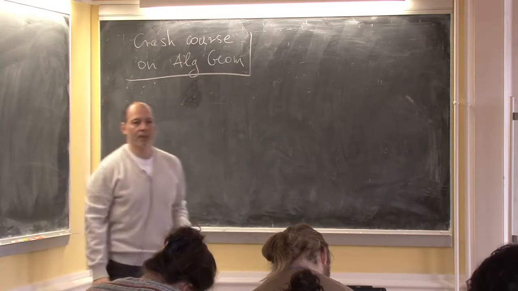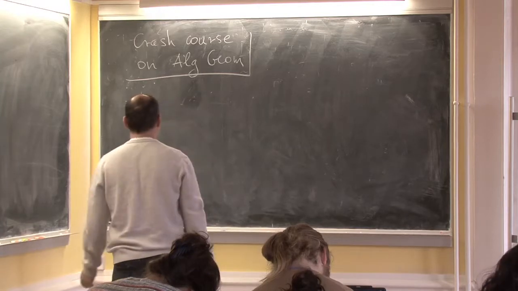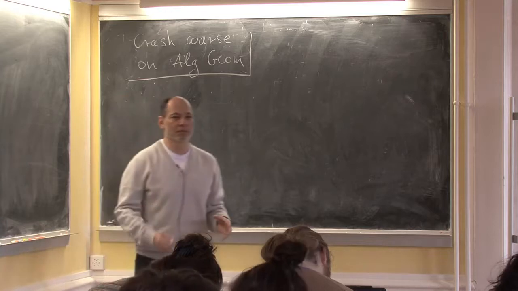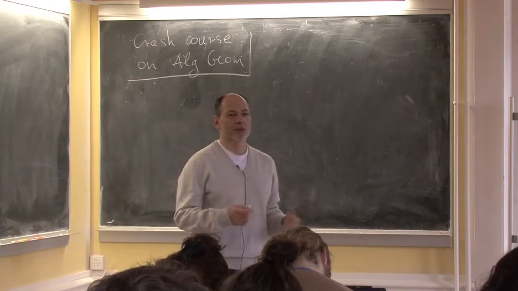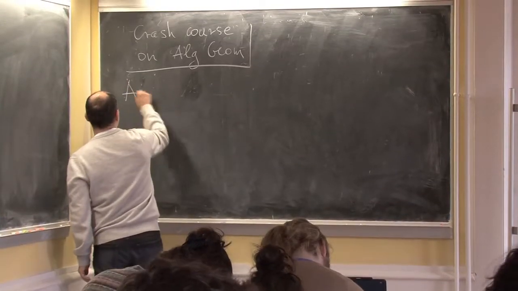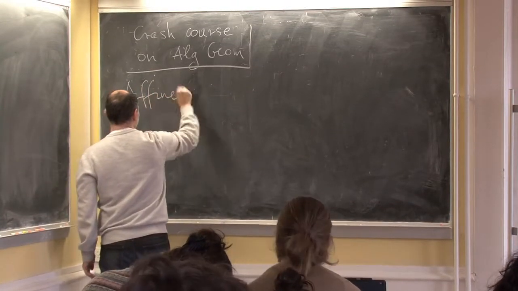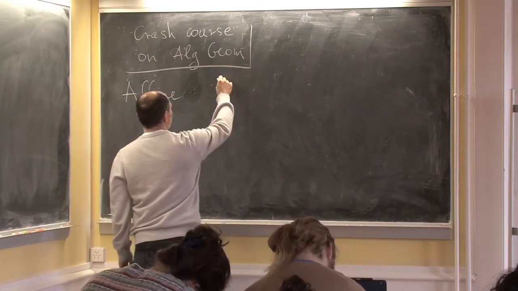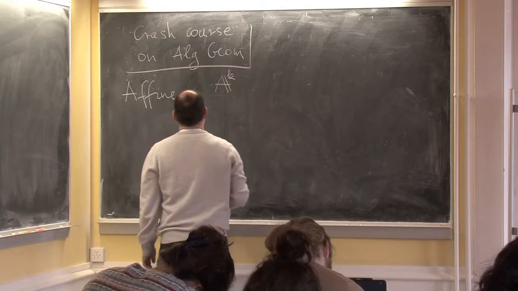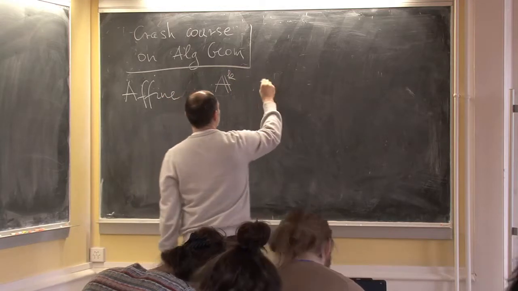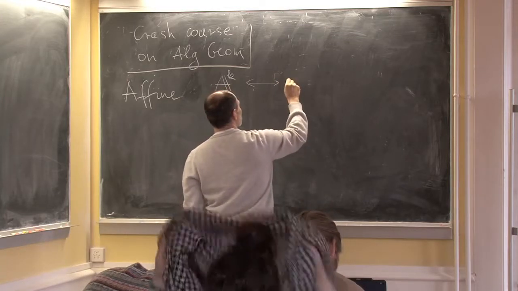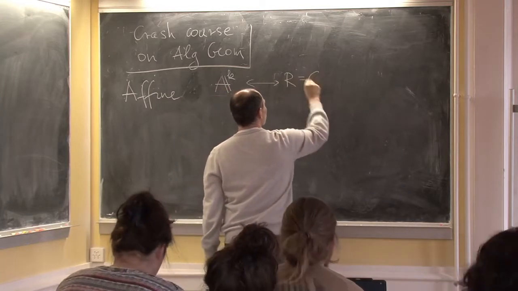So we start with affine algebraic geometry, and algebraic geometry has a fundamentally built-in space-function correspondence. In the affine case, we look at affine k-dimensional space, and the corresponding object is the ring of polynomials.